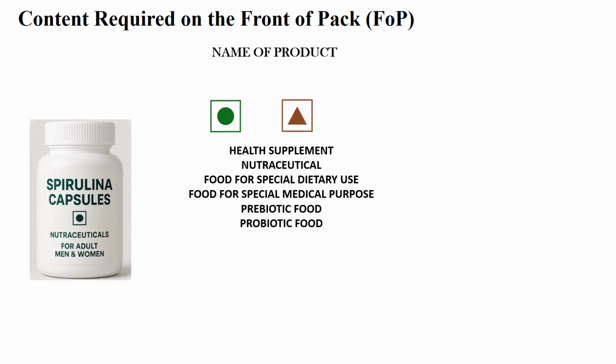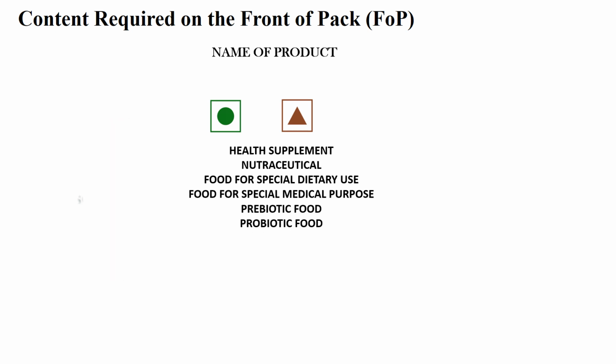The regulations say the applicable category name must be printed in the capital and bold letter and placed immediately next to the product name or brand name on the front of the pack.